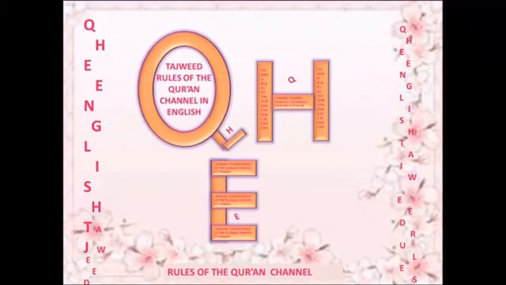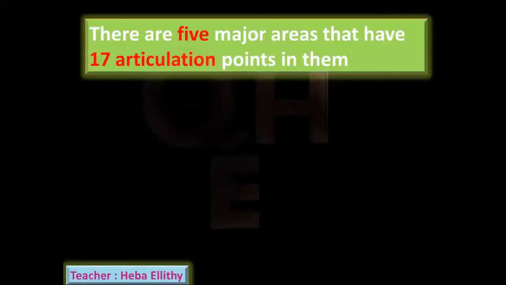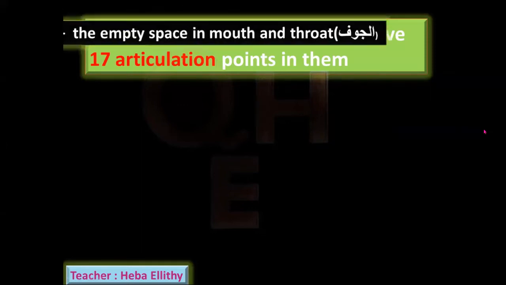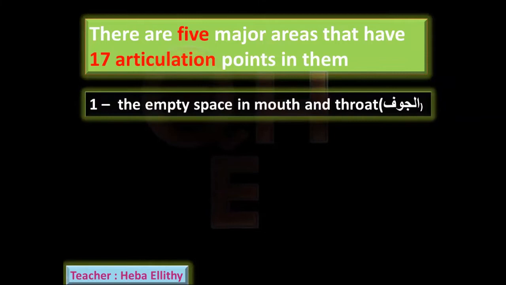We are still under the chapter of the articulation points of the Arabic letters. We said we have 5 major areas that have 17 articulation points in them. The first major area, where letters come from, is the empty space in the mouth and the throat.